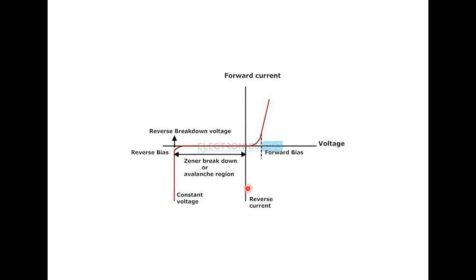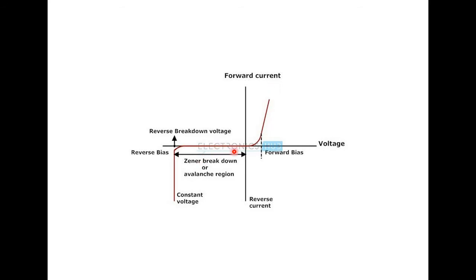Now, while understanding characteristics of any kind of diode, you should have the knowledge related to the junction properties. Like here what you can see, in case of forward bias, at first there will be zero amount of reading, then there will be a particular point from where there will be a sudden increase in the forward current.